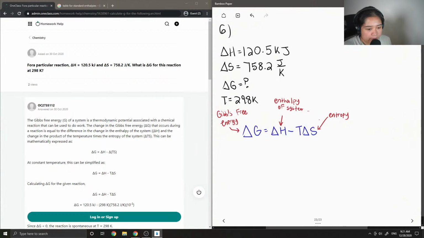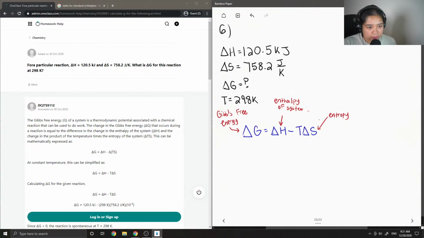Okay, so before we plug in all the values, I just want to double check to make sure that all the units are kind of similar to each other so that everything can balance out nicely. So if we look at our enthalpy and entropy values, the enthalpy is in kilojoules and the entropy is in joules per Kelvin.